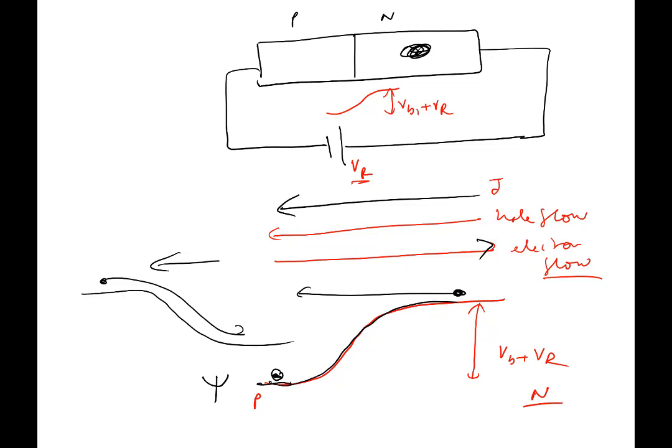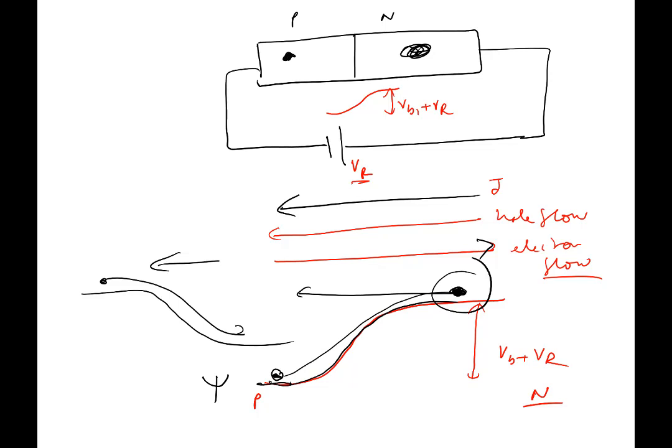And you are asking electrons to flow from P to N, and the P region has very few electrons. It's not that the electrons find it difficult to go. An electron from here can very easily come here. No issues. The problem is I don't have enough holes. Supply of holes is so little here. That's the reason why very little current flows in the reverse bias direction.